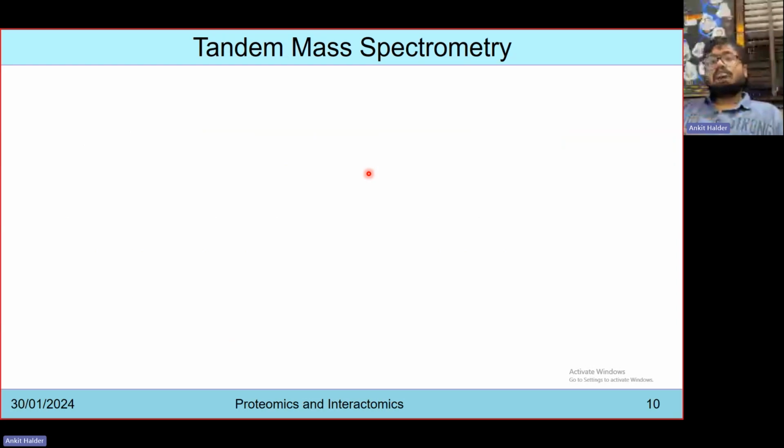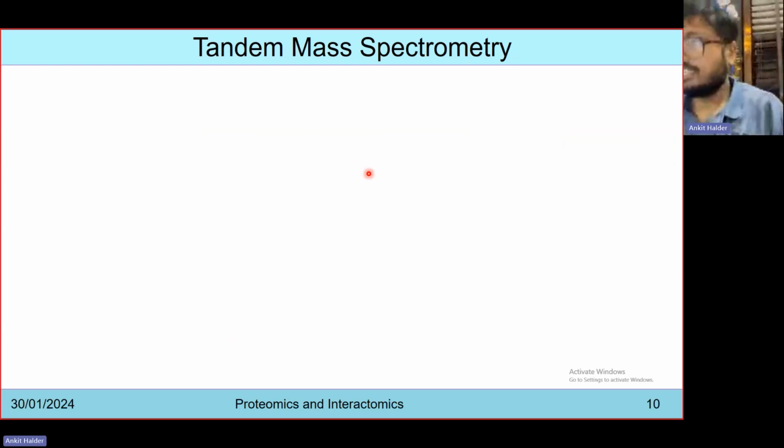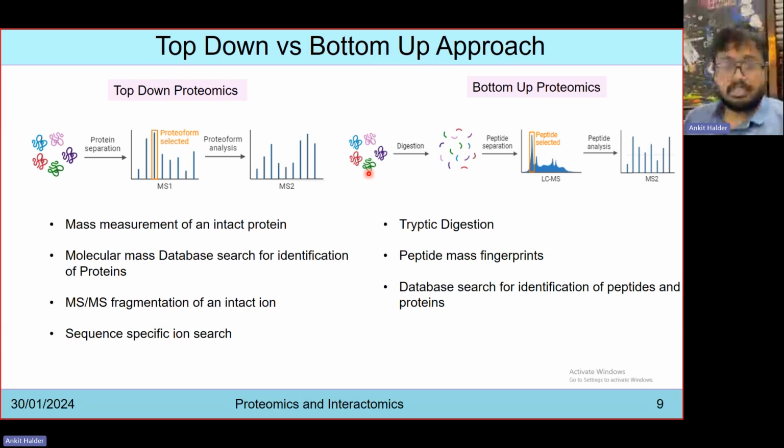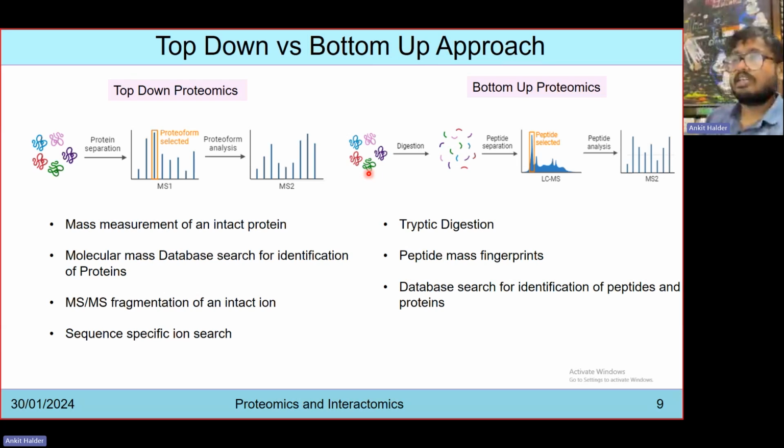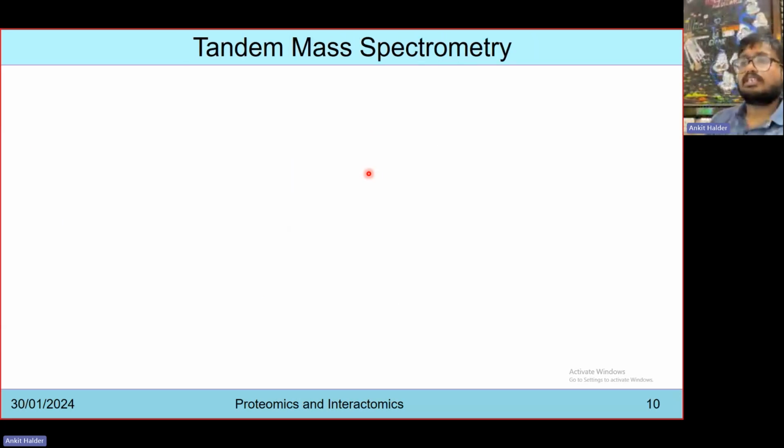Okay, so now I have said many terms. I don't know if you have understood them, like MS/MS fragmentation and the identification of that peptide. So again, the mass spectrometry that we are talking about is tandem mass spectrometry.